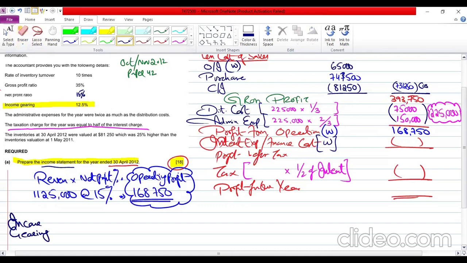How to calculate income gearing? What is the formula of income gearing? It is profit from operations divided by interest, and multiplied by 100. The income gearing is 12.5%.